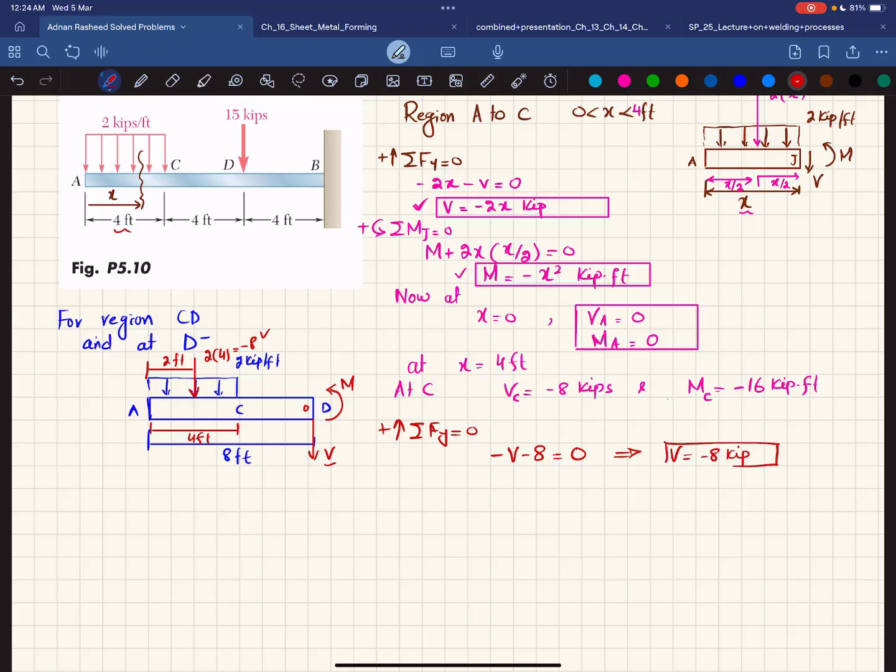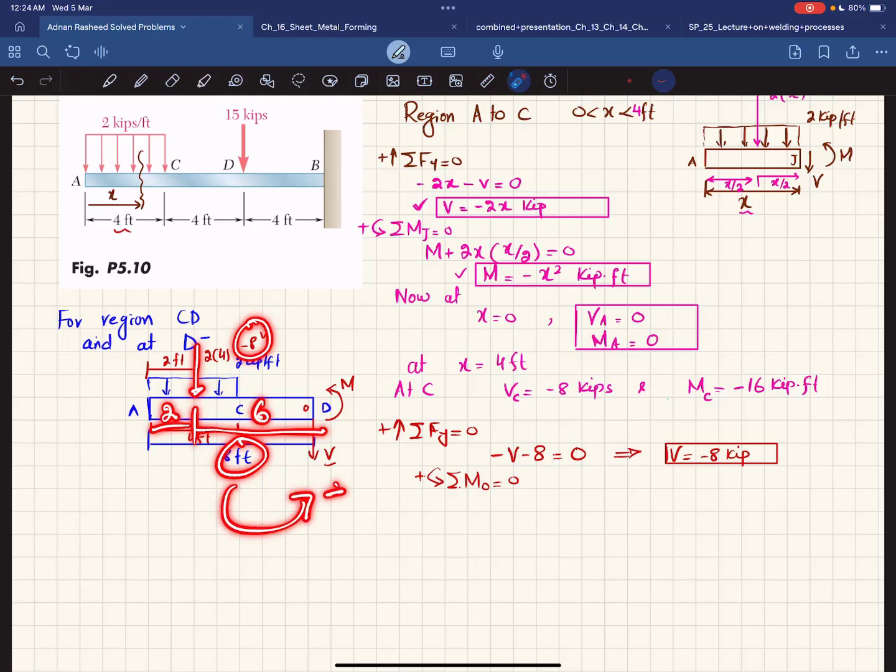Okay. For this moment, we will take the sum of all moments about point O equal to 0, taking the counterclockwise moment as positive. The first moment is this moment, which is counterclockwise. The second one is this 8 into the perpendicular distance. The total is 8, this is 2, so this will be 6. This will be counterclockwise, so it will also be positive.